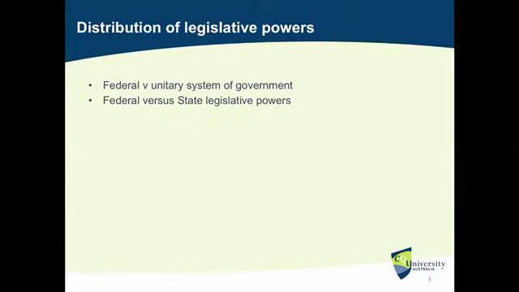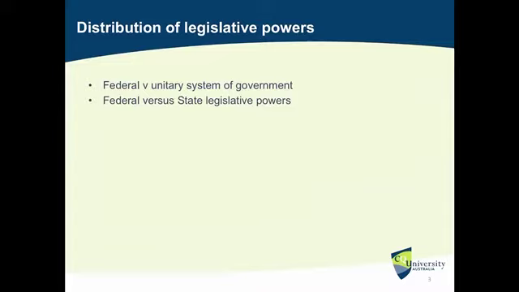So let's begin by talking about the distribution of legislative powers. We might say that there are at least two types or two systems of government. One would be federal systems of government, and the other one would be unitary. Let's speak first of the unitary systems of government.